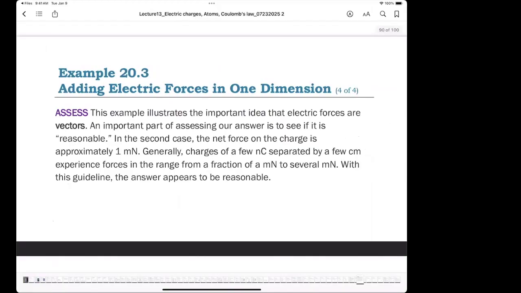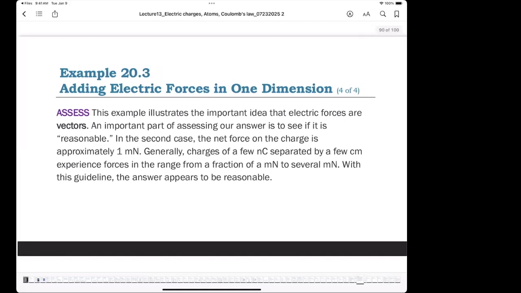Okay, let's assess this problem. This example illustrates the important idea that electric forces are vectors. An important part of assessing our answer is to see if it is reasonable. In the second case, the net force on the charge is approximately 1 mN.